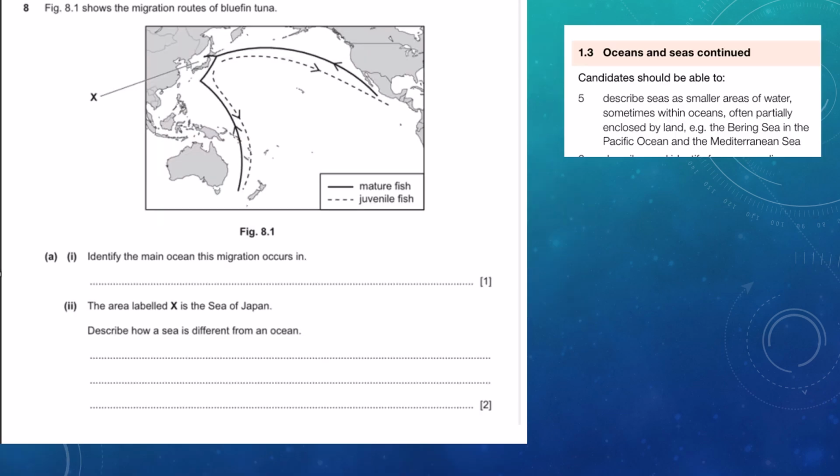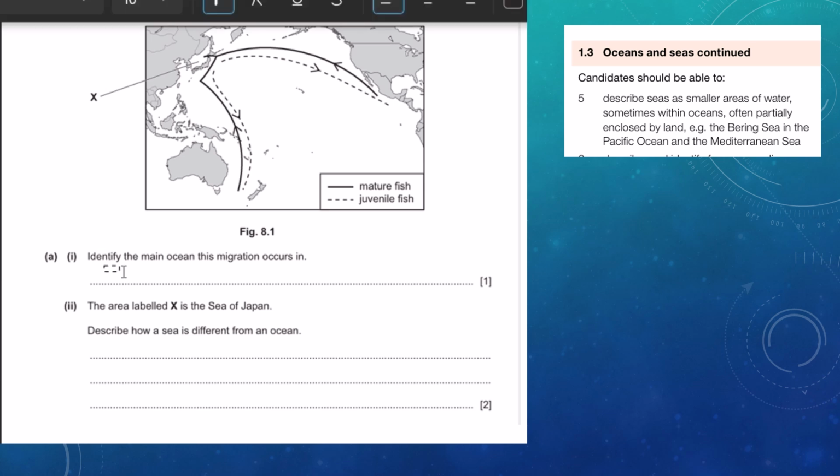Our last question goes into migration routes of bluefin tuna, but the first question has nothing to do with bluefin tuna. They simply ask you to identify the main ocean where this migration occurs, and that's the Pacific. And then they show us the Sea of Japan, and they ask us to describe how a sea is different from an ocean.